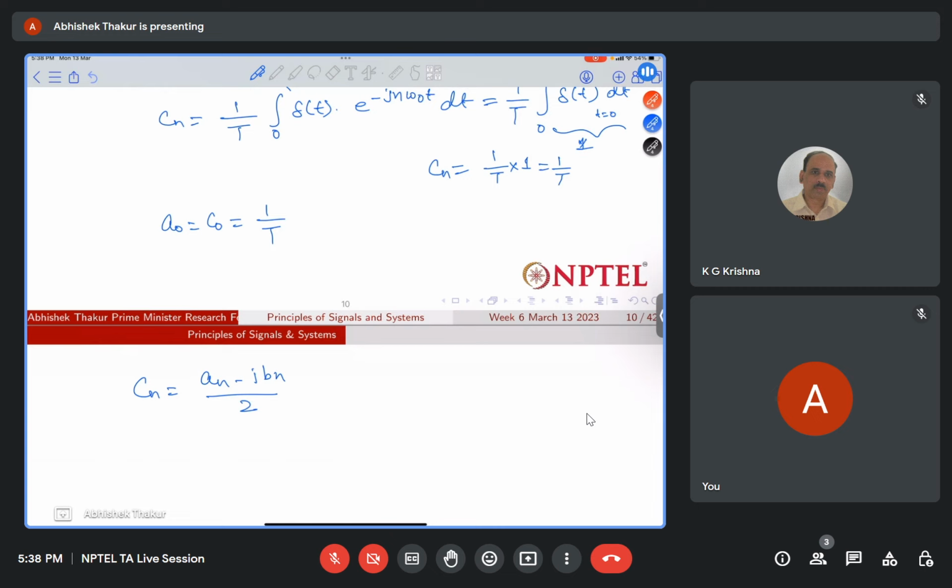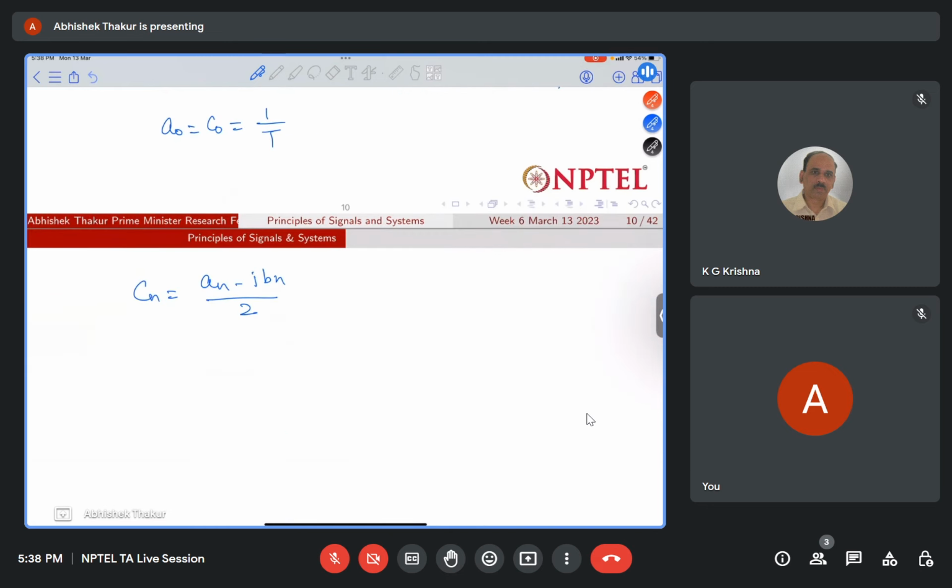So in this, our Bn is equal to 0. As you can see, this is an even symmetric signal. So for an even symmetric signal, Bn is equal to 0. So our Cn will be An by 2, and Cn is 1 by T. So An is equal to 2 by T.